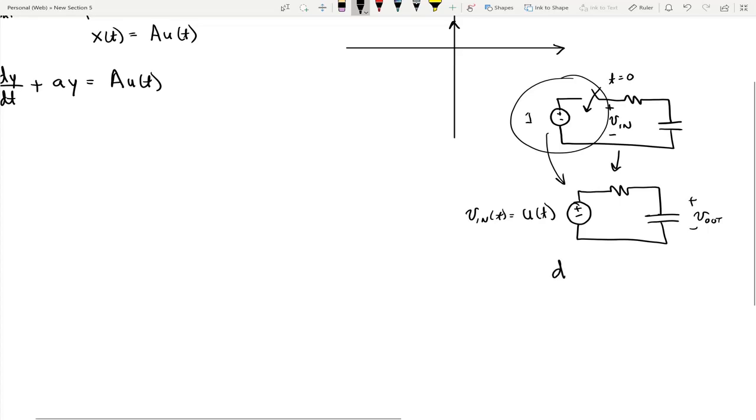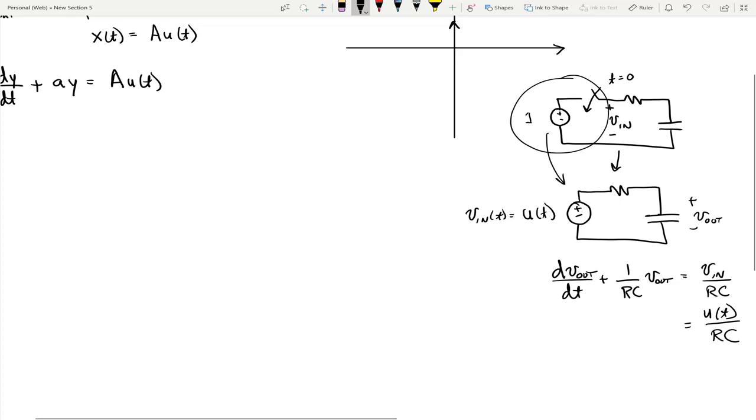It basically would become dV out by dt plus 1 over RC V out equal to V in over RC, or u of t over RC.